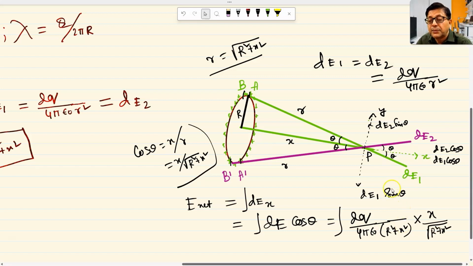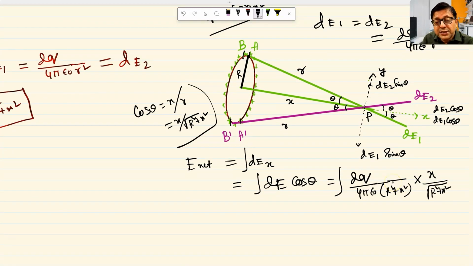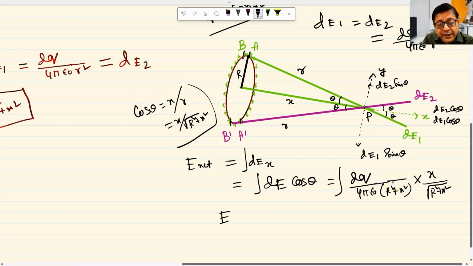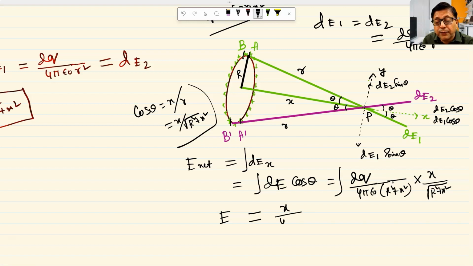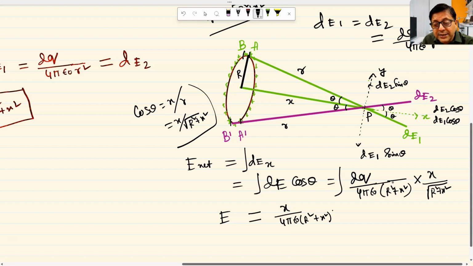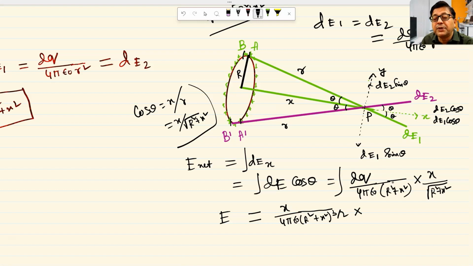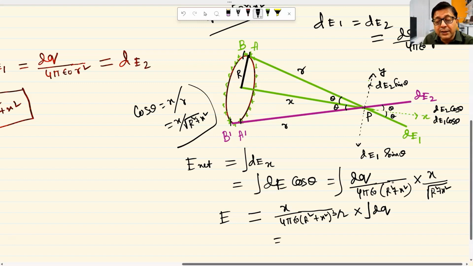Okay. So this thing is constant. E at P, E net, what we have written there, E is going to be x by 4 pi epsilon 0 into r square plus x square to the power 3 by 2 into integration of dq. dq integration means over the whole thing, all these are added. You integrate or just add mentally.